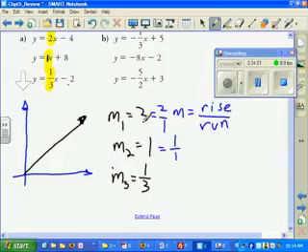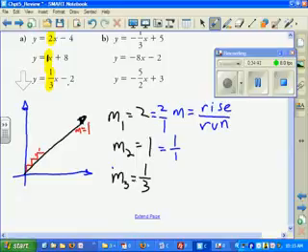All right, so this one here is m equal to 1, because as it goes up 1 and over 1. If I do 2, that's going to tell me I need to go up 2 and over 1.